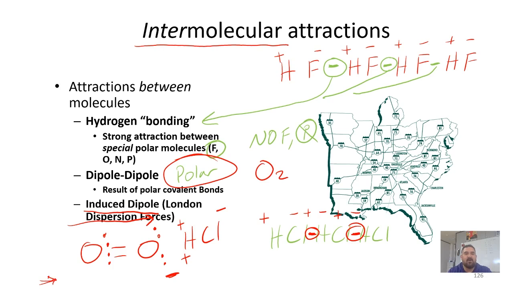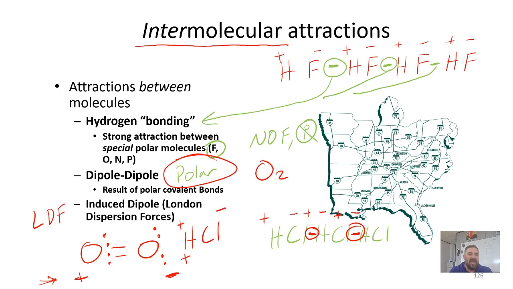It becomes partially positive. So this is what induced dipole is. Induced dipole, it happens between things that are not polar, but it's just a forced polar attraction, and it happens because you're dealing with something else that's polar. So induced dipole is also referred to as London dispersion force, or LDF.